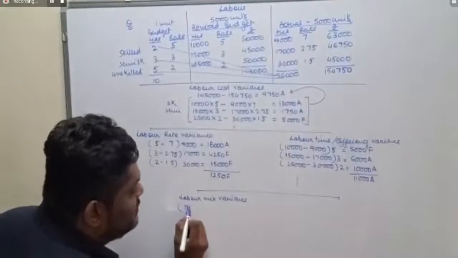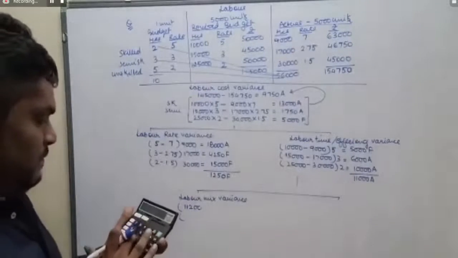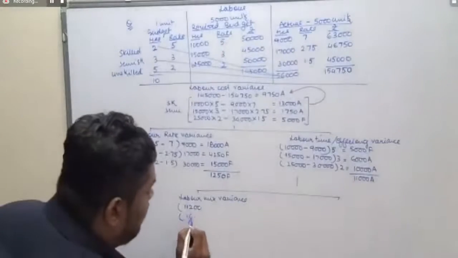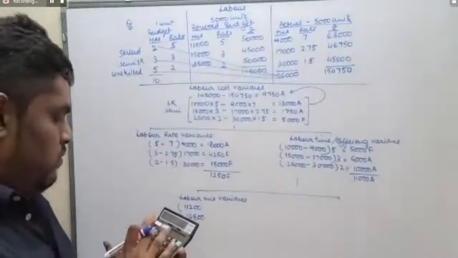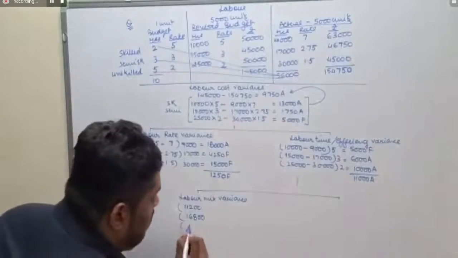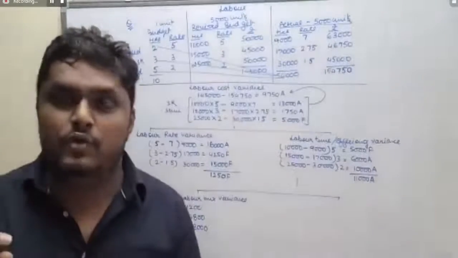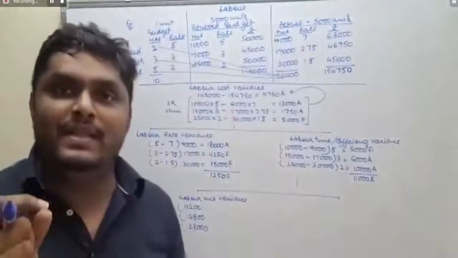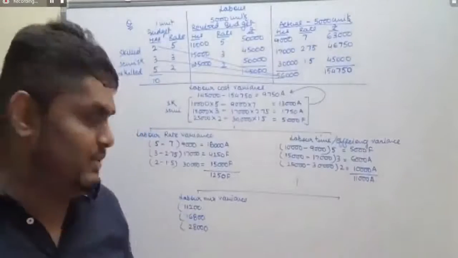That is 11,200. So the labor workforce should have dedicated the time in the ratio of 11,200 is to 16,800 is to 28,000.